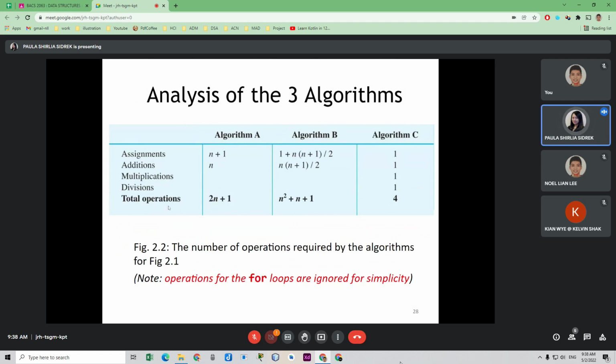So here total operation would be 2n plus 1. All right, n2, because you multiply that, you have n2, n squared, plus n plus 1, right? 2n's multiply n squared, and then you plus with n plus 1.